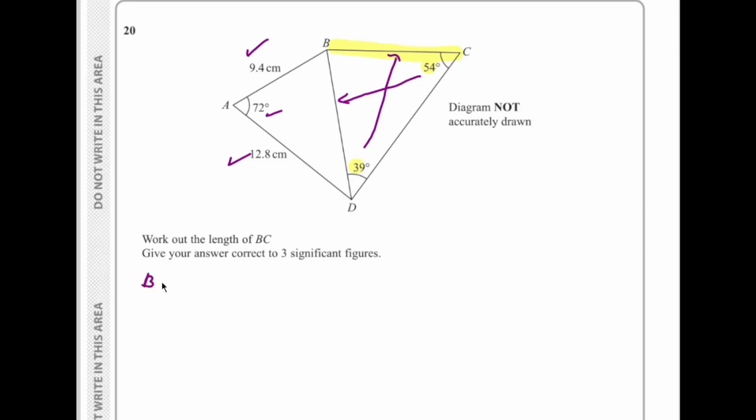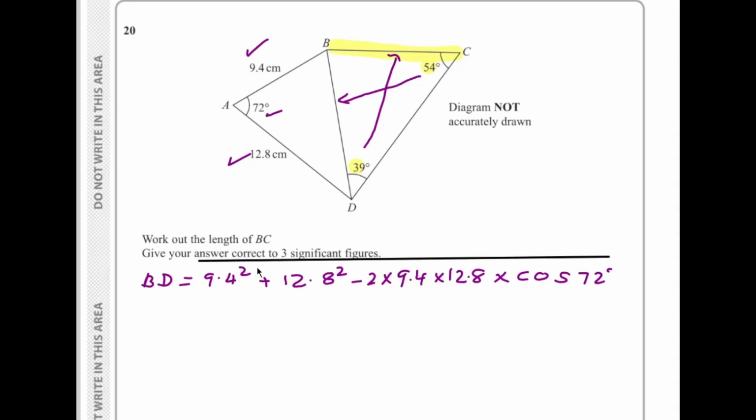Then I'm writing BD equals 9.4 squared plus 12.8 squared minus 2 into 9.4 into 12.8 into cos 72. So this is the cosine rule. Once we get this, we can get what BD is.